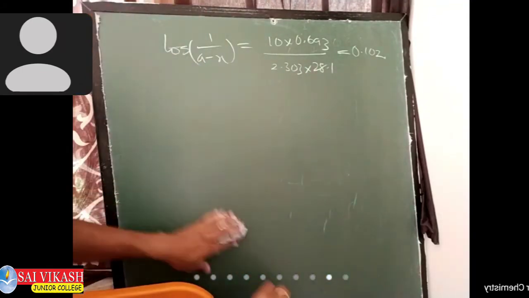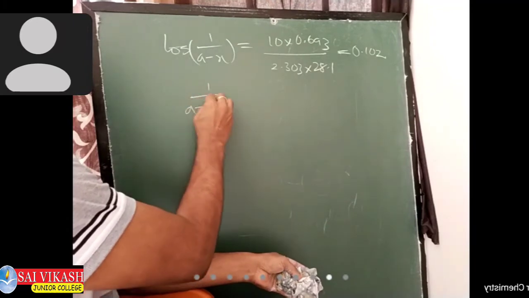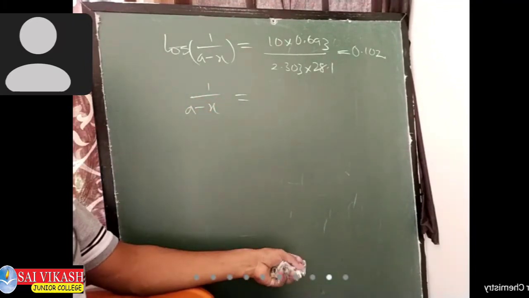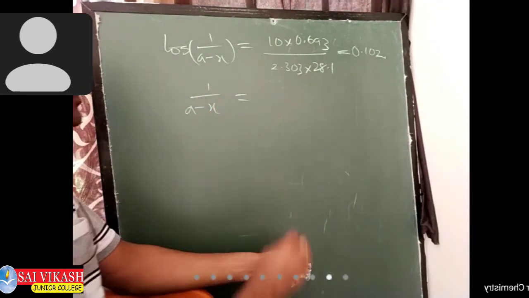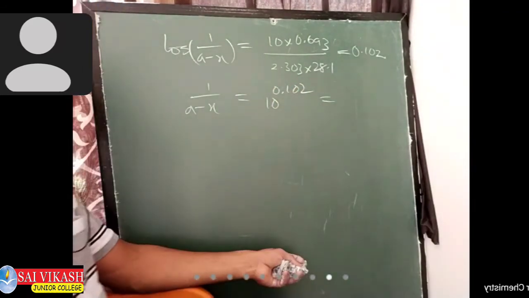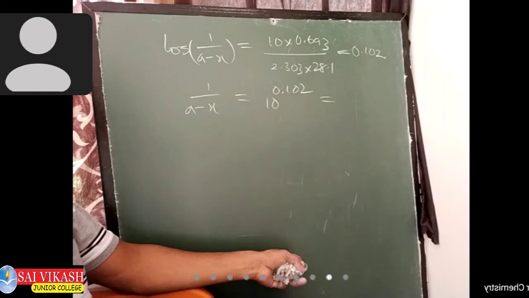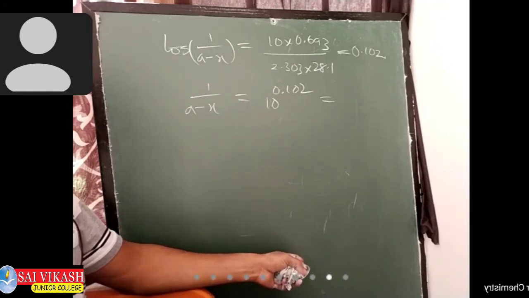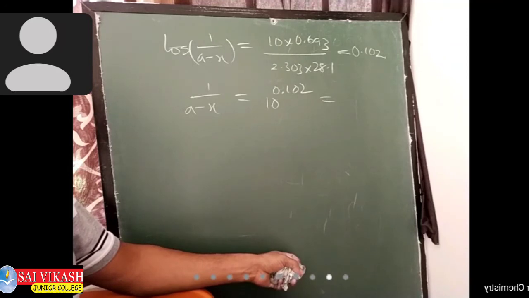So from this, 1 by A minus X value, how much? Antilog. Antilog 10 power of 0.102. So tell me this value. Antilog of 0.102. These logs and antilogs in examinations, they will provide log tables. Otherwise, in the question itself, they will give the log value and antilog value.